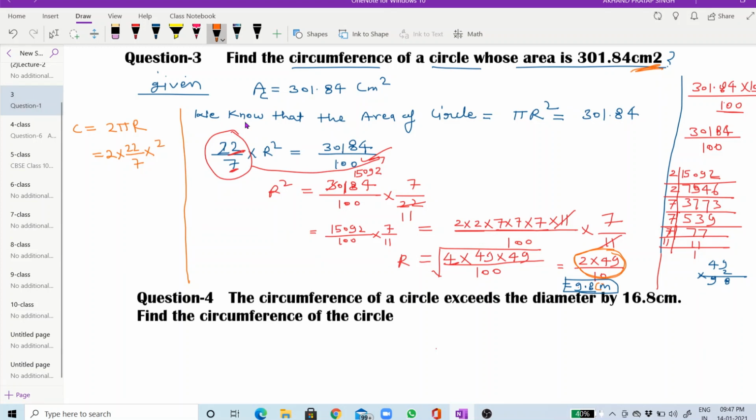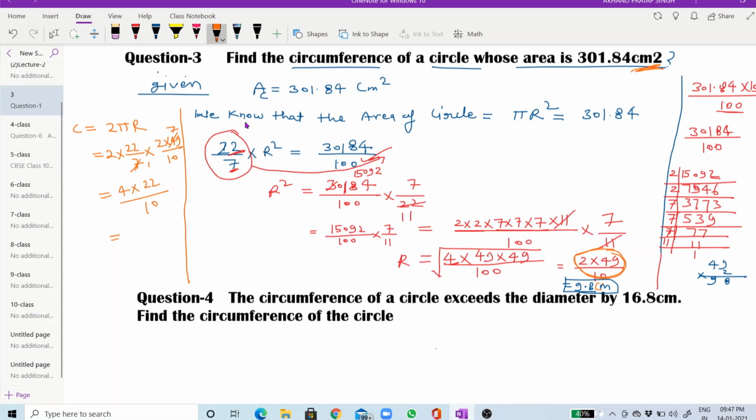So 2 into 49 upon 10, 7 1s are 7 and 7 7s are 49. So we get 4 22 upon 10.